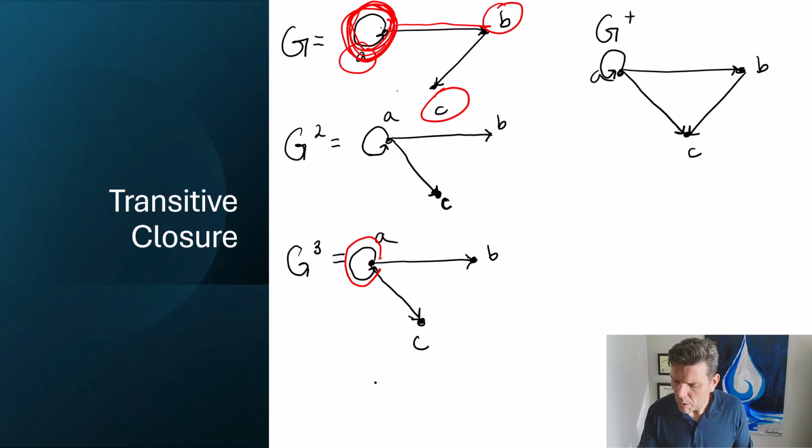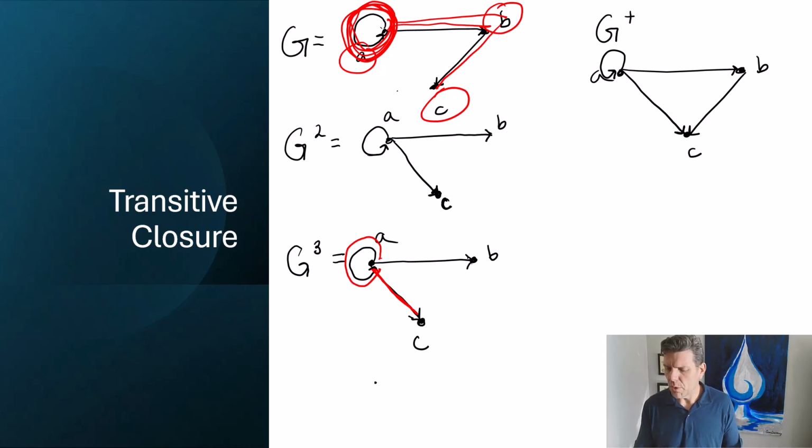Or we could do the self loop once, go A to B and B to C, and that would be this walk A to C. So you'll notice that G cubed is the same as G squared. We're actually now done. In fact, once you get the same graph over and over again, you know that you're complete with all of the different kinds of walks that you can get from a given graph G.